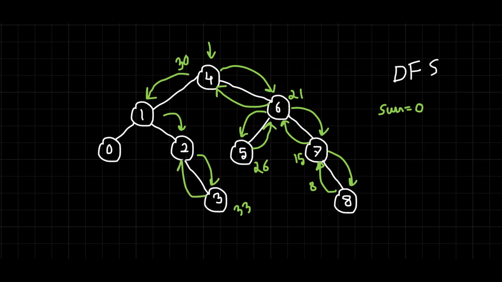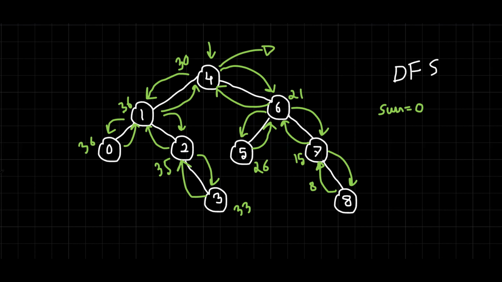Now from 3 we will get back to 2 and it will become 35. From 2 or 35 it will get back to 1, it will become 36. From 1 it will get back to 0 and it will become 36, and from 0 we will return to 1, and from 1 we will return to 4, and from 4 we will end the algorithm.